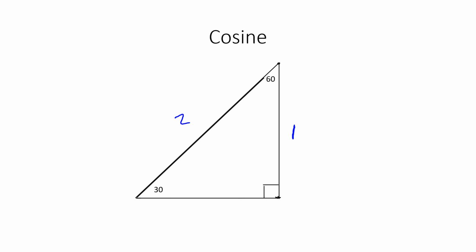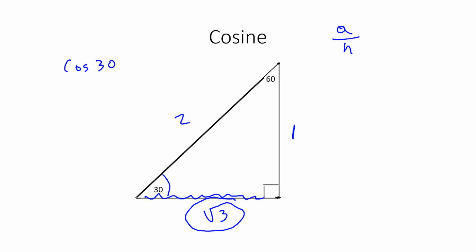So 1, 2, square root of 3. Remember, cosine is adjacent over hypotenuse, so cosine of 30 is going to be, this is our adjacent side right here, so square root of 3 over 2, so that's what our cosine would be of 30 degrees.